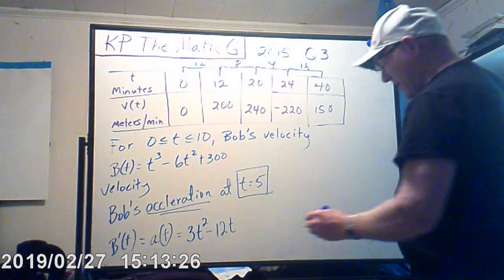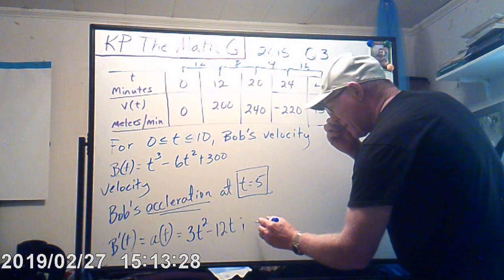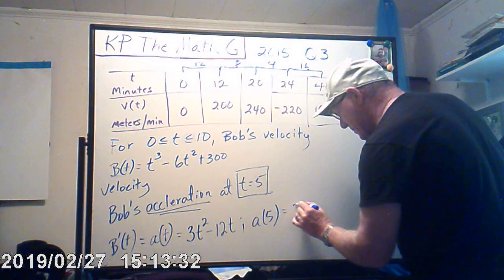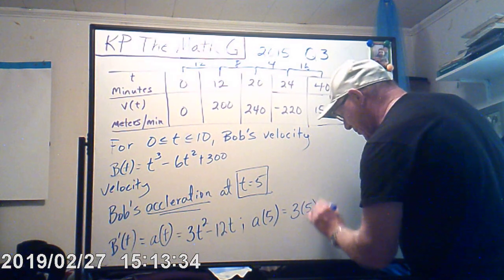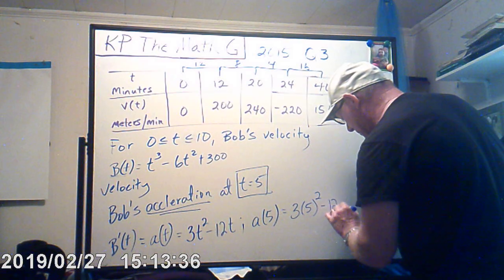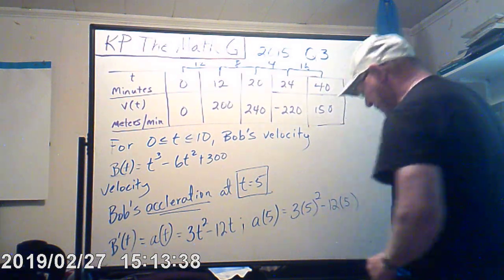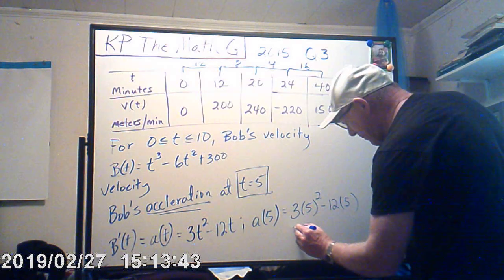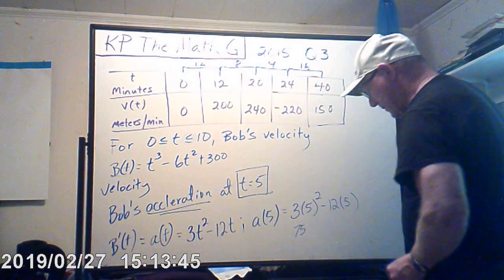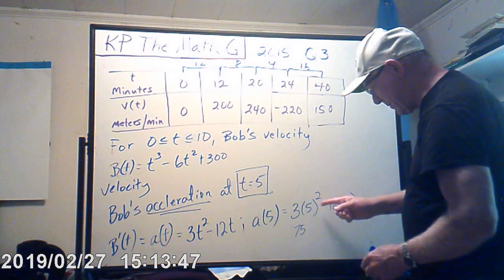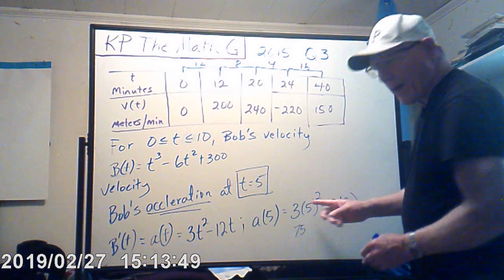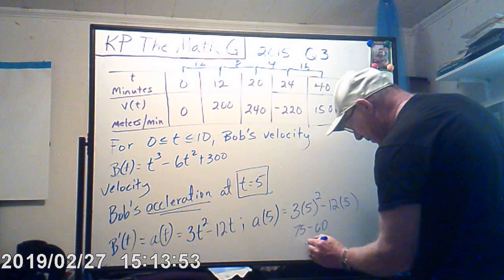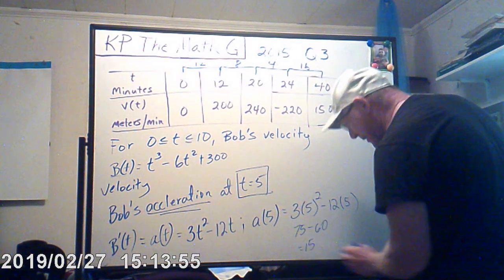So a at 5 is equal to 3 times 5 squared minus 12 times 5. 5 squared first, 25 times 3 is 75, minus 60. So this is equal to 15.